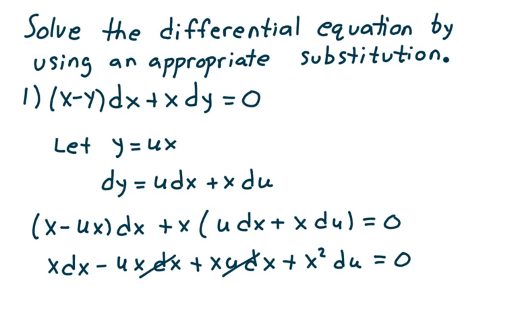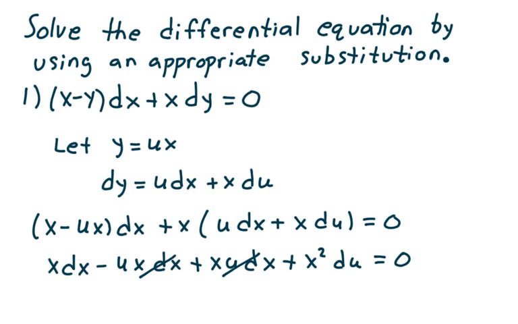So making our substitution, we get the following. We get the quantity x minus ux dx plus x times the quantity u dx plus x du is equal to 0. If we expand, we get x dx minus ux dx plus xu dx plus x squared du is equal to 0.